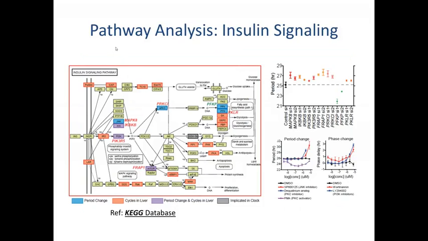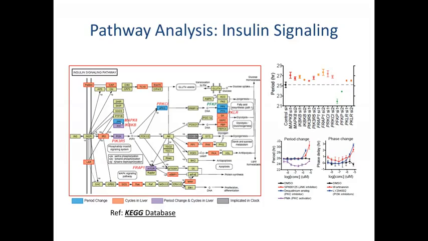So here's perhaps the most interesting example from this work, which is the intersection of the insulin signaling pathway and the clock. So here's the insulin signaling pathway as defined by KEGG. There's about 40 components of the pathway, and shaded in colors are all the components that are either transcriptionally regulated by the clock, and those are in this sort of orange color or purple, and also all the components that, when you inhibit them, change clock function in our cellular model, which are in blue or purple.